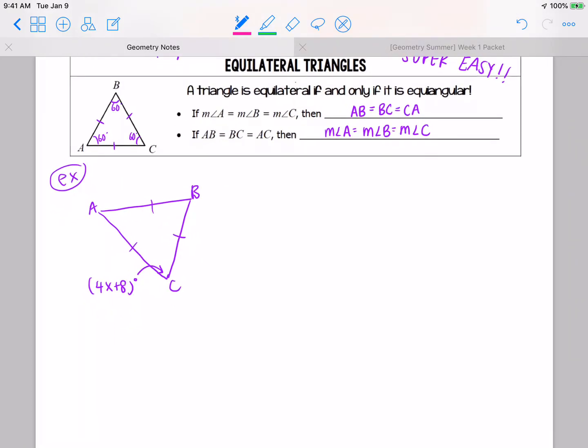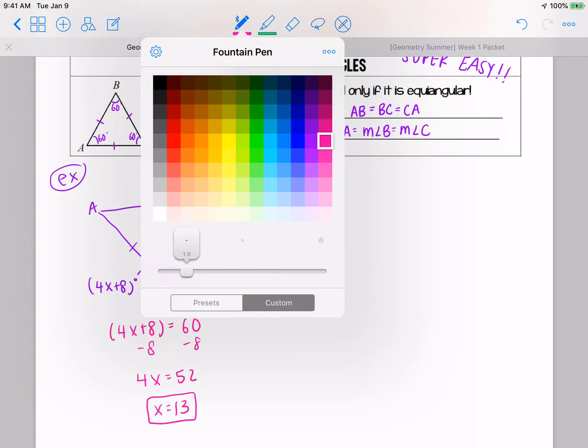So remember, this angle is going to equal 60 degrees, because we're only looking at one angle. And then you just solve for it. Subtract 8 on both sides and it equals 52. X would be 13. That's it.